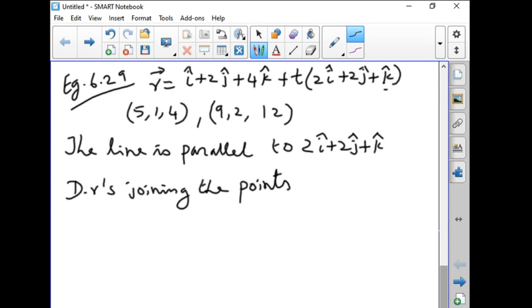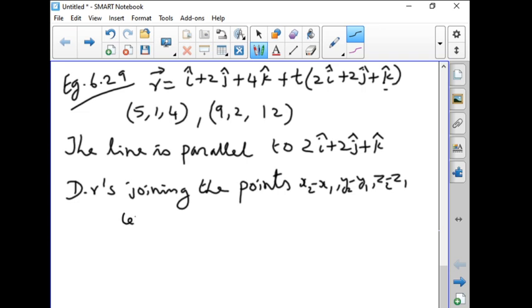What's the formula? x2 minus x1, y2 minus y1, z2 minus z1, or we can also take x1 minus x2, y1 minus y2, z1 minus z2.